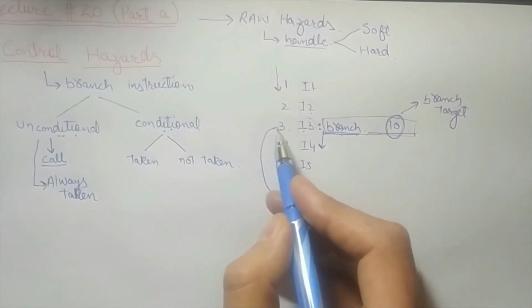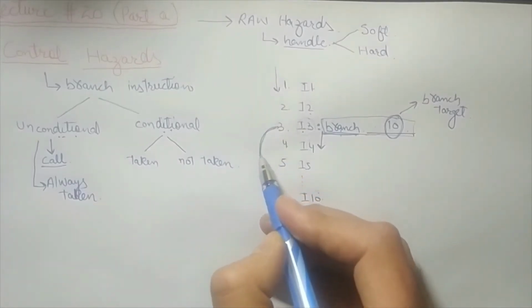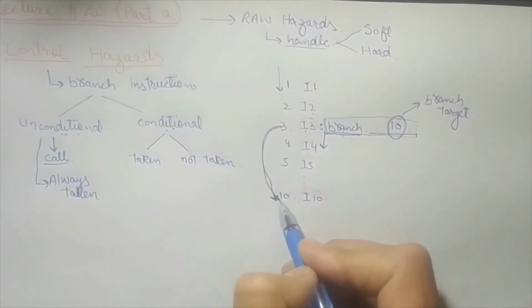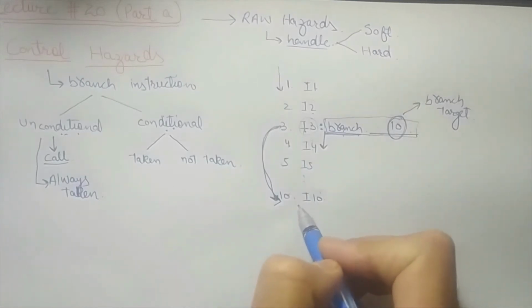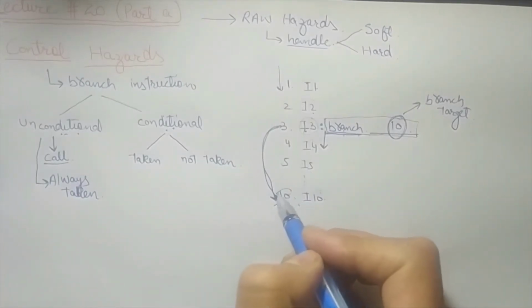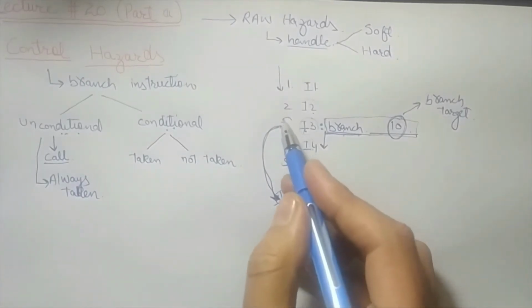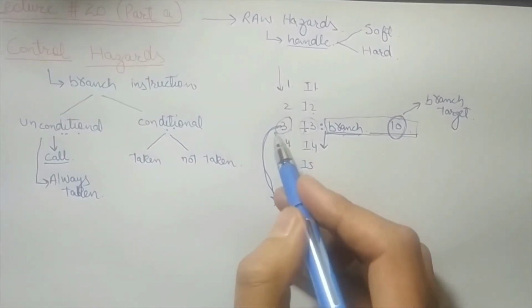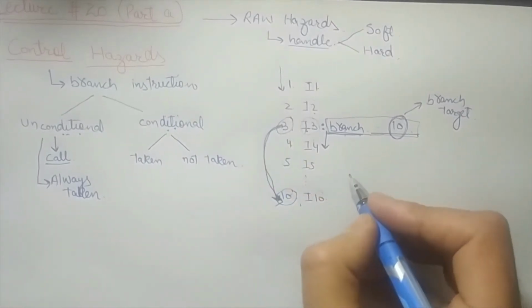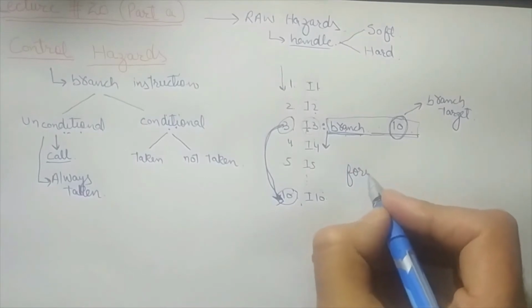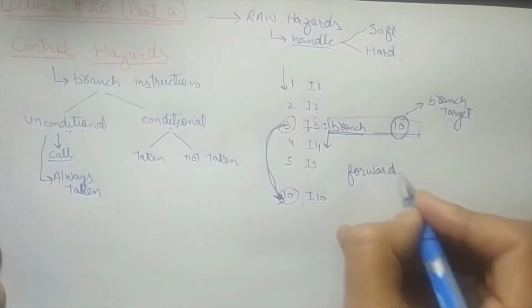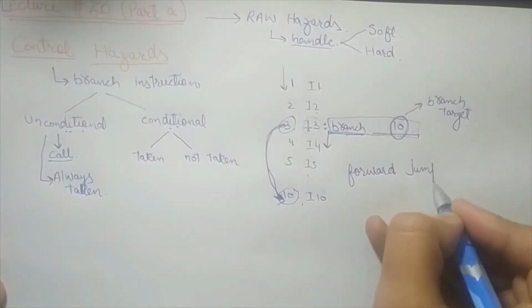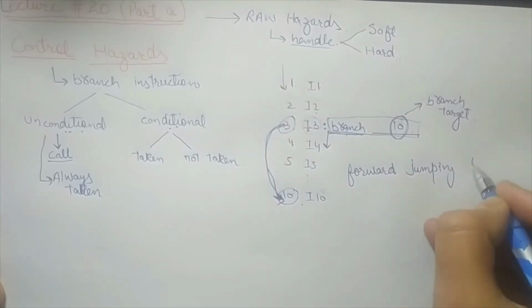Branches are also of two kinds in terms of direction. One is a branch making a jump to some location ahead of this instruction. Let's say here 10 is ahead of address 3. Such a branch is called a forward jumping branch.